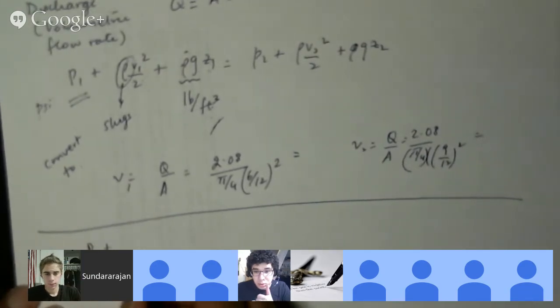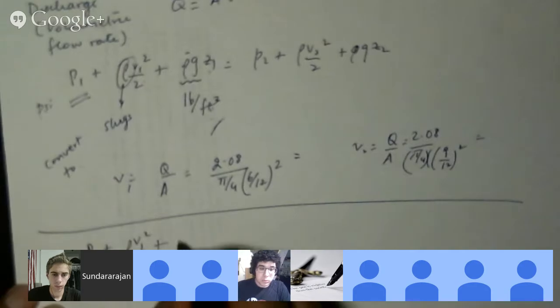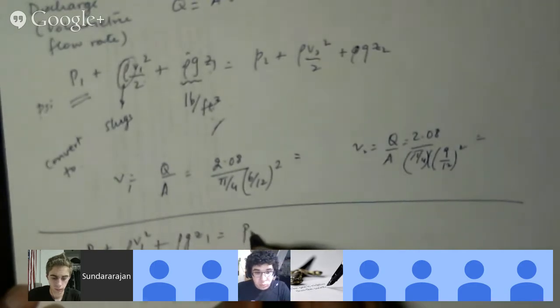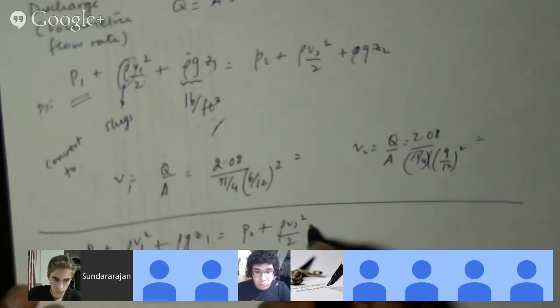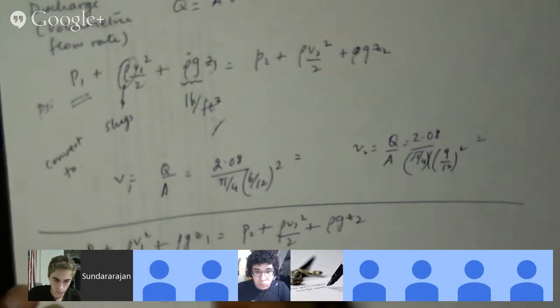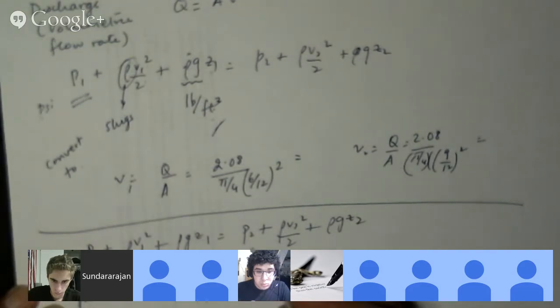So the equation is P1 plus rho V1 squared over 2 plus rho g z1 equals P2 plus rho V2 squared over 2 plus rho g z2. Here, this is atmosphere, this is 0. This is rho g z. This is atmospheric. This is what we want, plus 0.